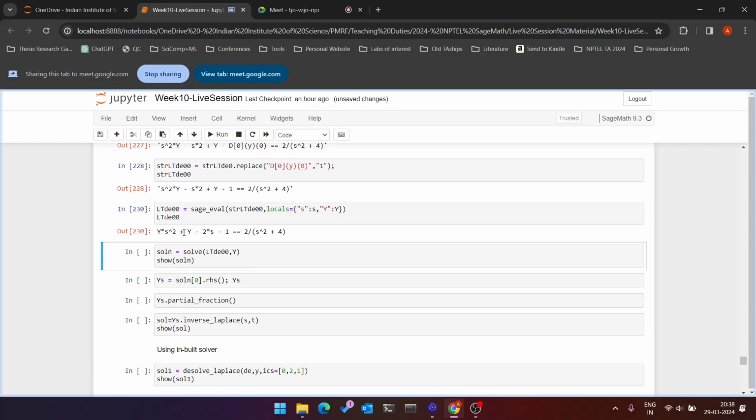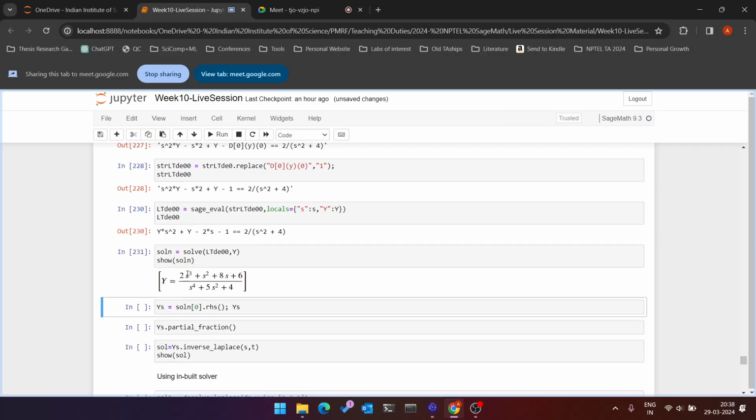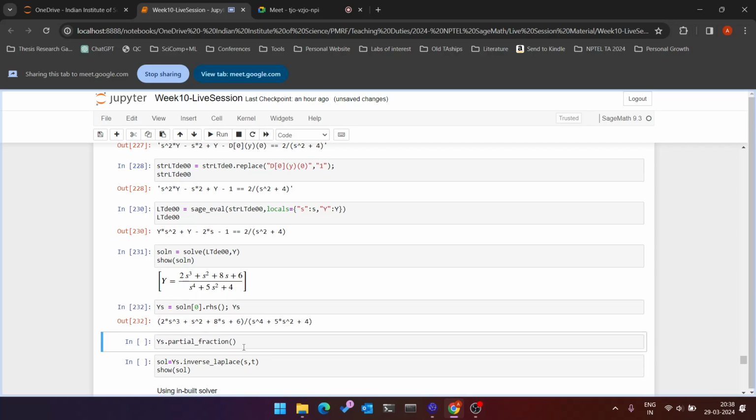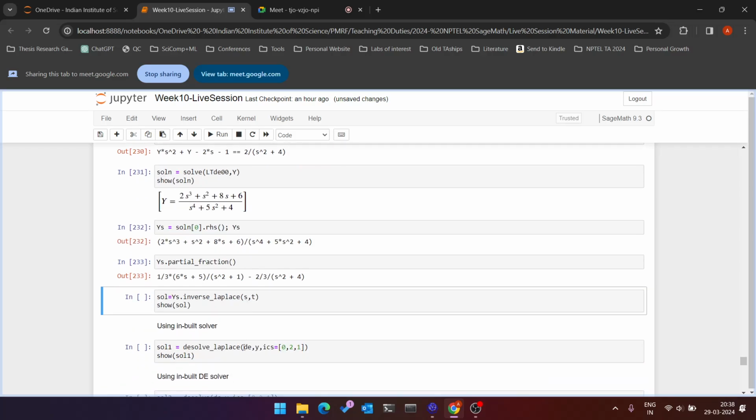Next, I solve this equation for the variable capital Y, and my solution looks like this: a cubic polynomial over a quartic polynomial. I can simplify this using partial fractions, and then I basically take the inverse Laplace of this equation.